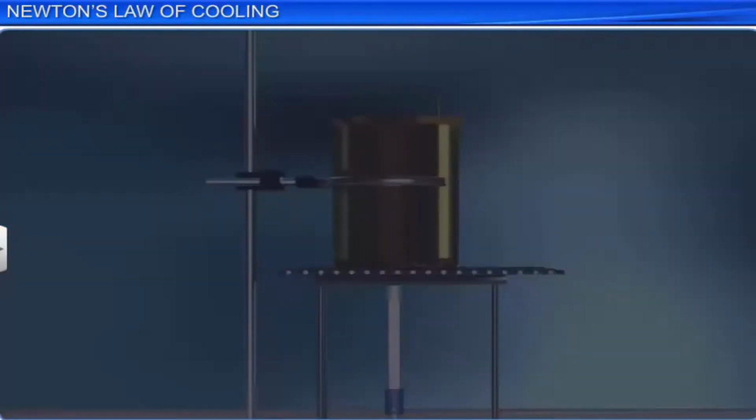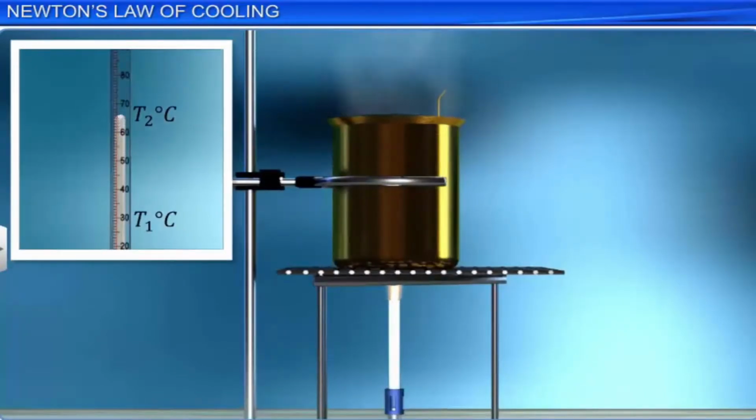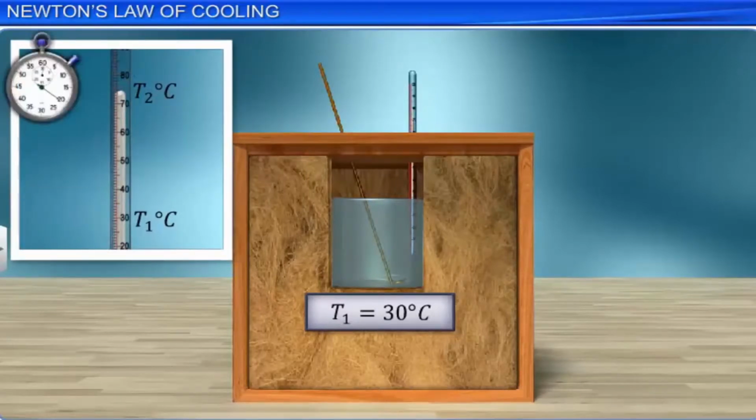Now, let us first heat the water in the calorimeter to raise the temperature to say T2 degrees Celsius, and then stop heating and allow the water in the calorimeter to cool.